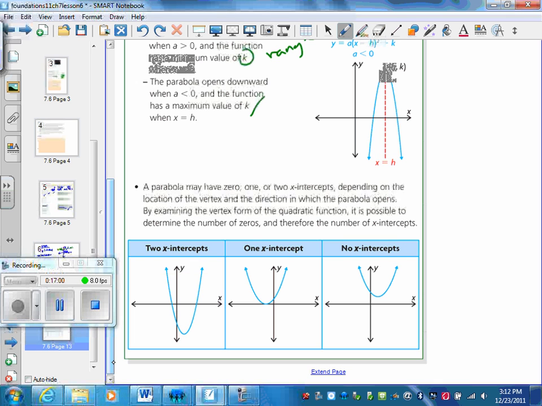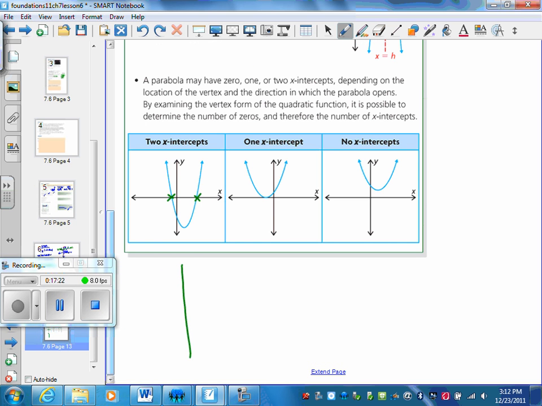Okay, a parabola could have 0, 1, or 2 x-intercepts depending on the location of the vertex and the direction in which the parabola opens. If my vertex is down below and it opens up, I'm going to cross the x-axis twice. Similarly, if I had a vertex above and it was concave down, I would have 2.